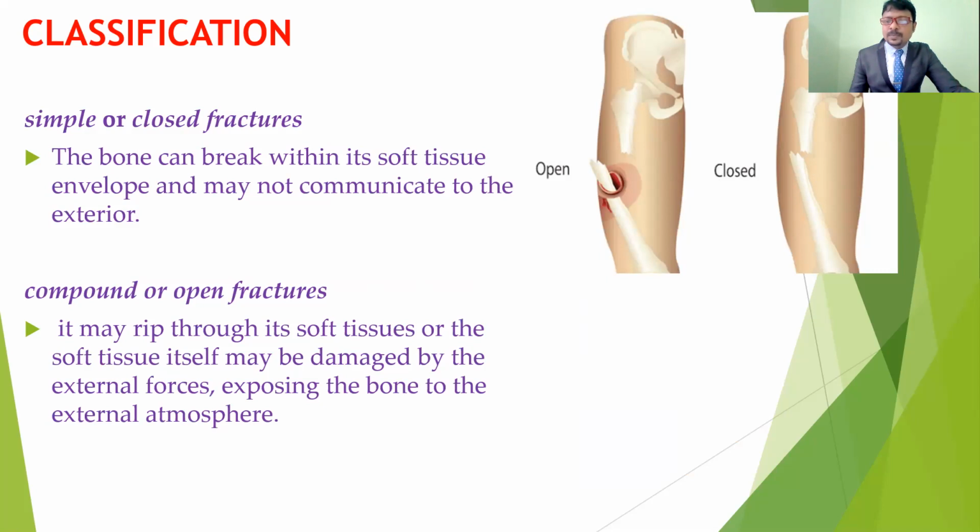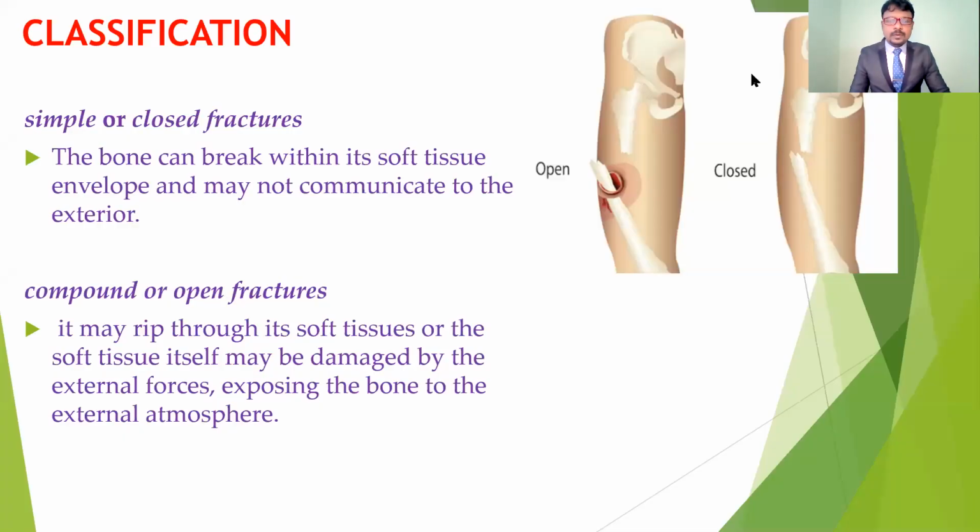The bone can break within the soft tissue envelope, and there is no bleeding to the outside. Only the fracture occurs, but it stays in the soft tissue.